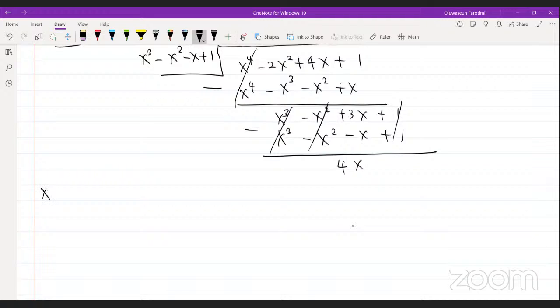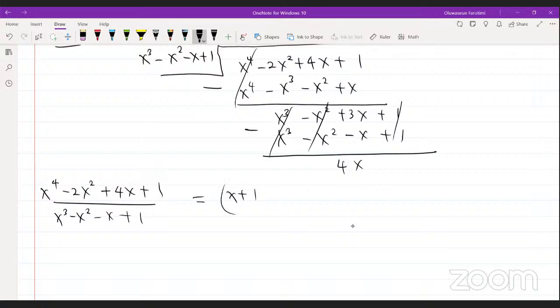Okay, so that means easily I can see that this divided by x cubed minus x squared minus x plus 1 is going to be equal to, that's a quotient. What's the quotient right now? You have x plus 1. What is the remainder? Remainder is 4x, and then the divisor, x cubed minus x squared minus x plus 1.